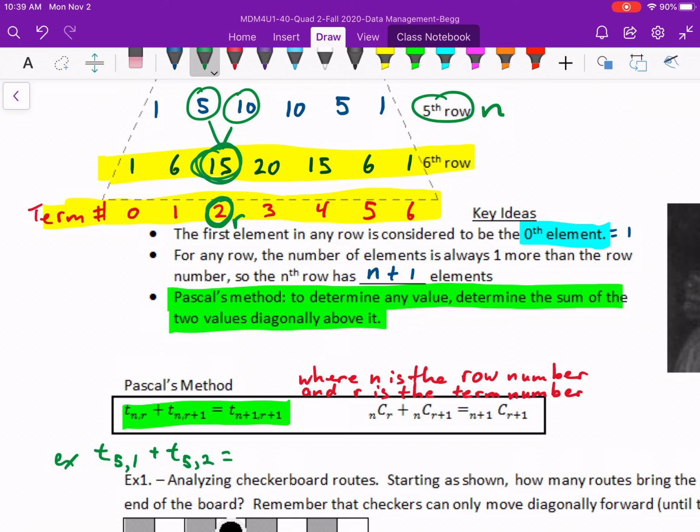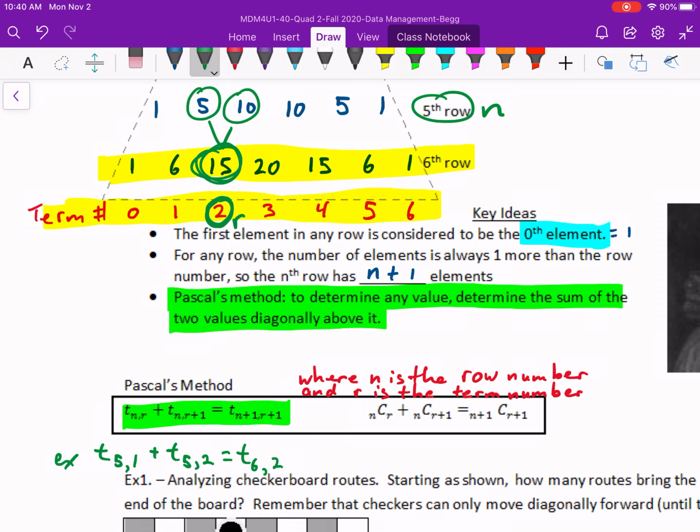And that's going to equal, adding 1 to the row, the 6th row, and that's going to be the second term as well. Compare that to the formula just above highlighted in green, and with this example where I circled those green numbers, you should see what I'm talking about.